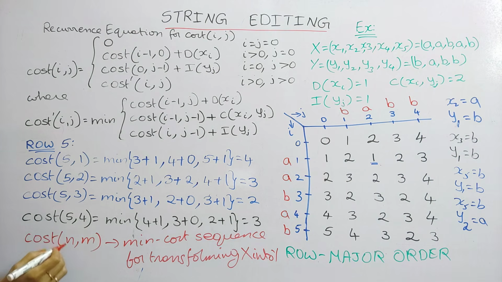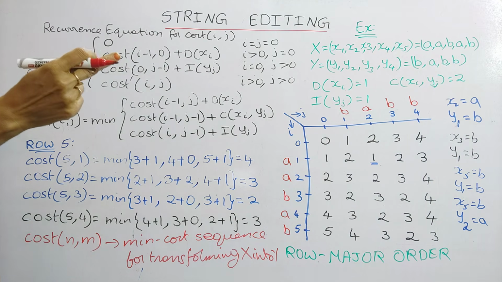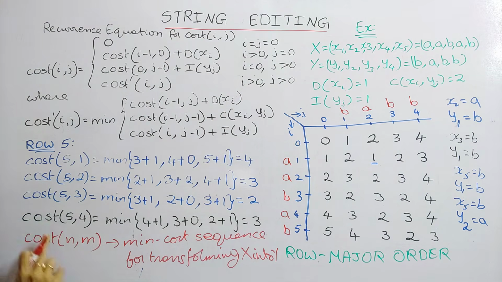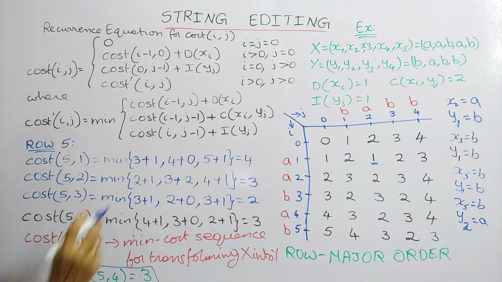So now here our n is 5, that is the size of our first string, and the second string size is 4, that is the cost of 5 comma 4, and we got the cost of 5 comma 4 is equal to 3. So this is the cost we got. You cannot get a solution which has a cost less than this value.